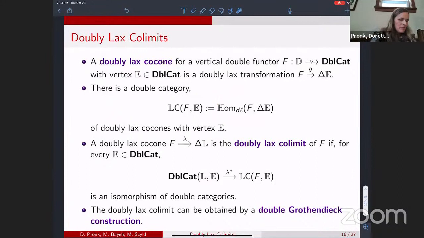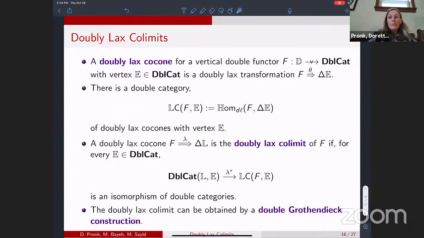Okay, so this is a full sub double category of another hom category. We want this to be an isomorphism of double categories, just like we had in the past isomorphisms or equivalences of categories for definitions of colimits.